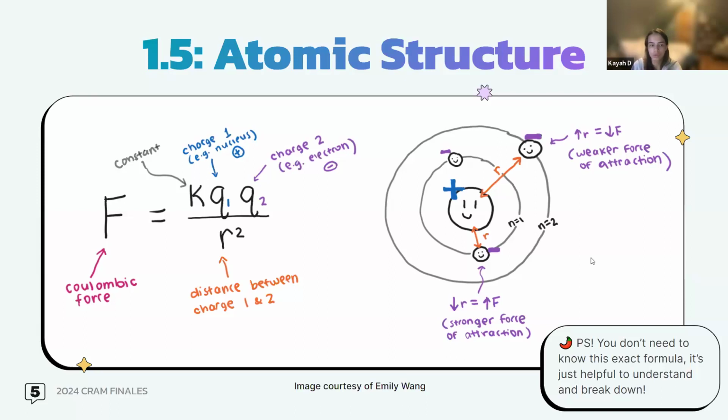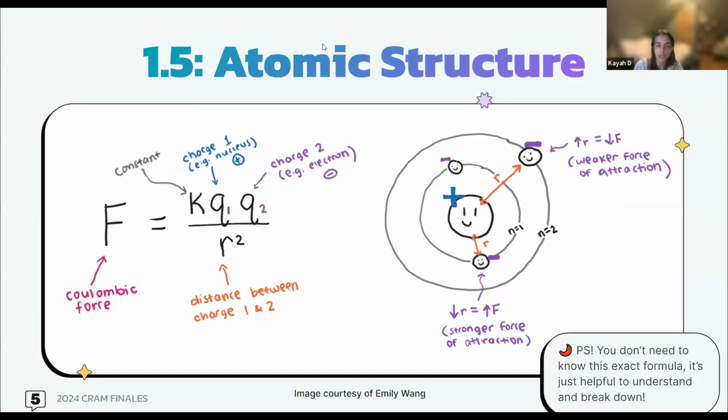And there's a formula that helps illustrate this, the Coulomb force, which is F equals the constant K times Q1 times Q2 over R squared. The Q indicates a charge, and R is the distance between the first and second charge, right?